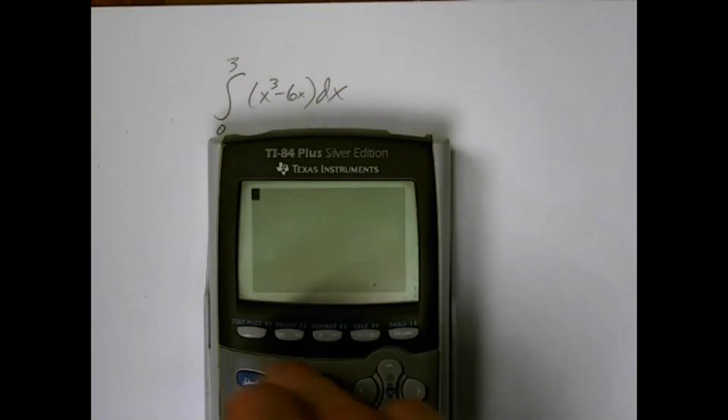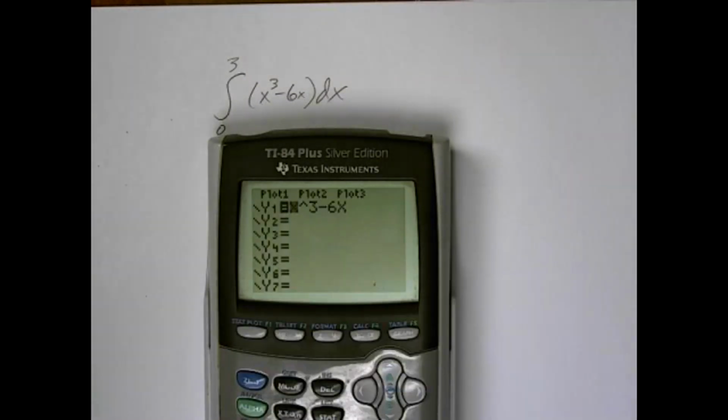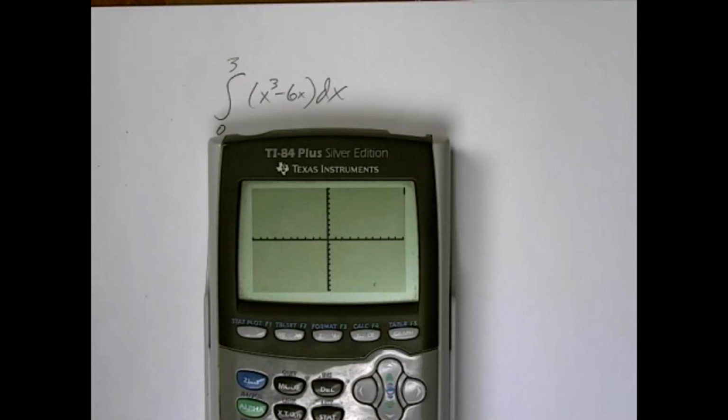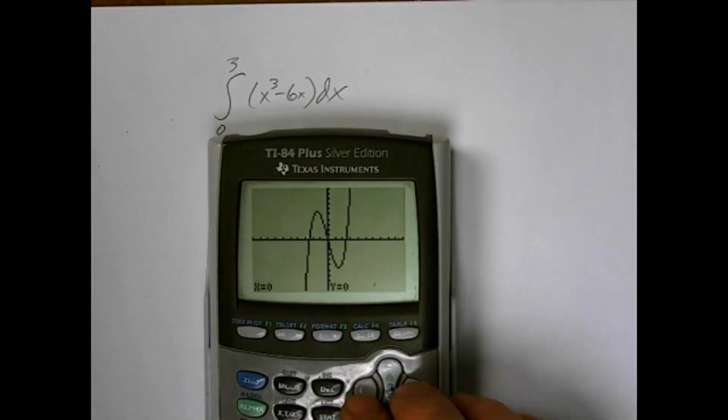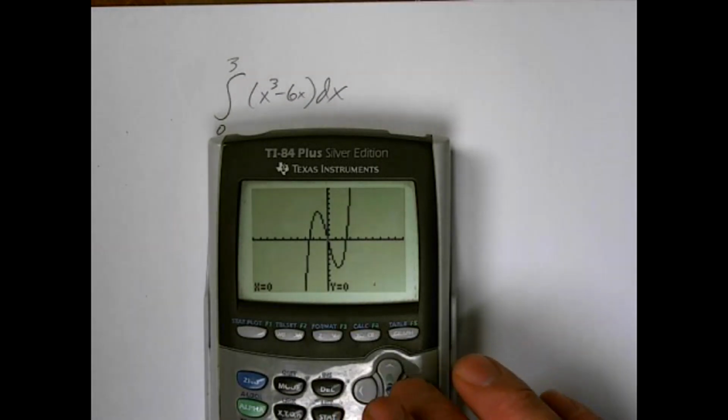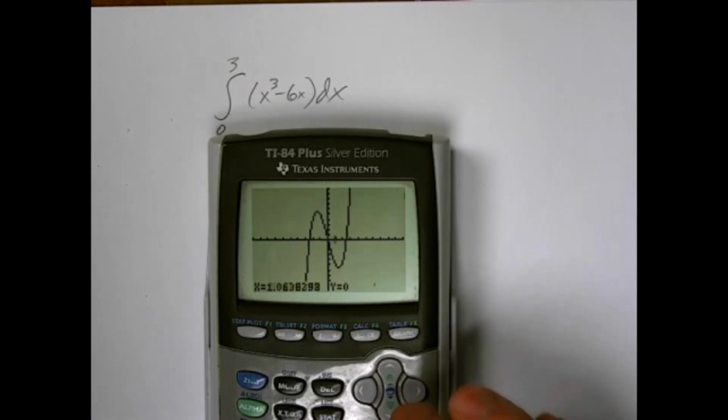Well, if we put that function into the calculator and graph it, we see that starting at 0, it's passing through the origin, so it's at 0. Move to the right of 0, move towards 3, and you are below the x-axis, so this interval for parts of it will have negative area.